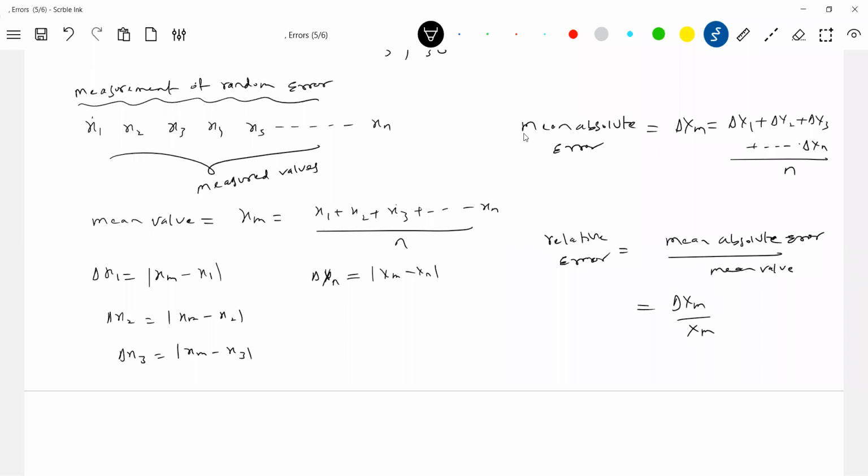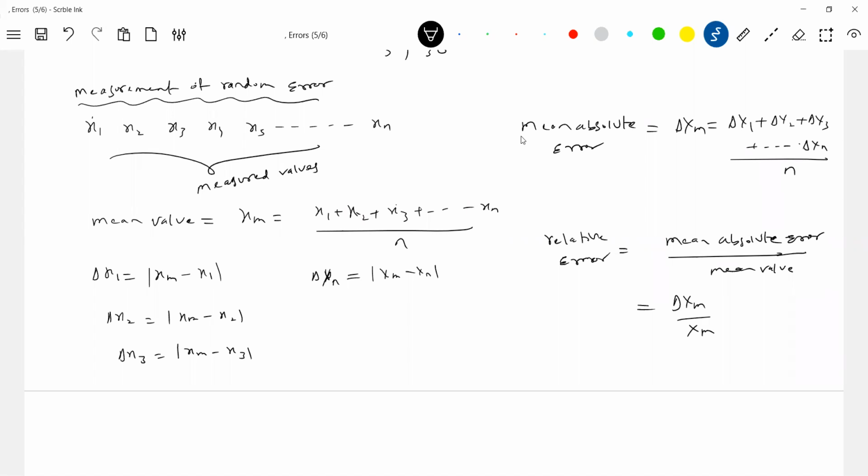Multiplied by 100, you'll get the percentage error. Since it has a mod, I should go for the average. Okay, this will be the relative error: mean absolute error by the mean value.